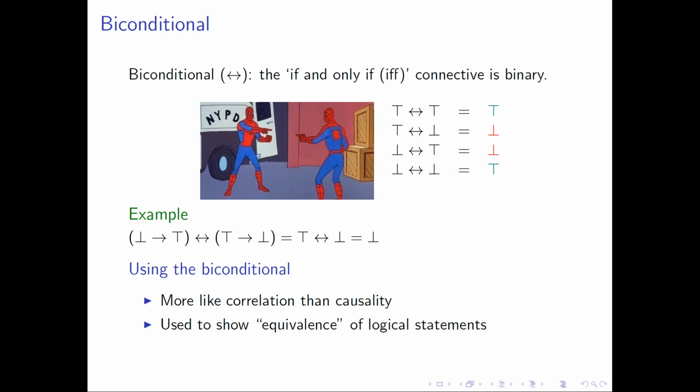So in fact, this propositional formula is equivalent to just a disjunction between P and Q. So this thing here is logically equivalent, using this logical equivalence sign, to P or Q.